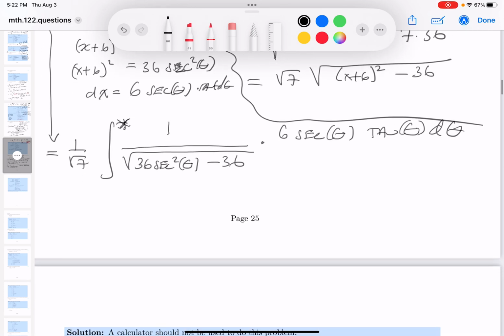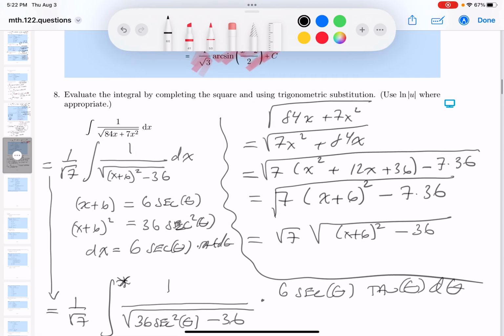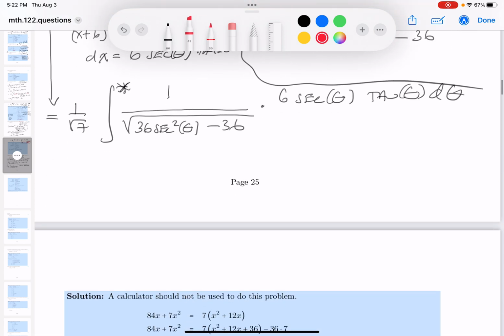Now let's keep moving. Oh, by the way, there's another hint in the problem. Not only did they say complete the square, but they said it has something to do with the natural log of an absolute value. All right, let's see if we can figure this thing out, though.